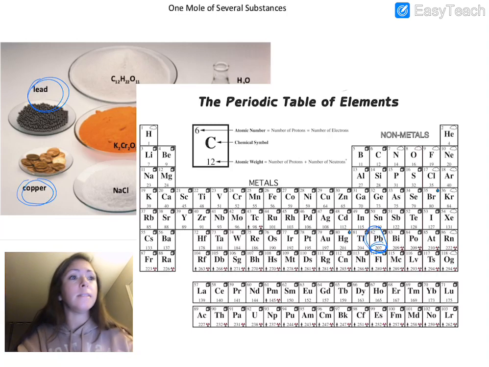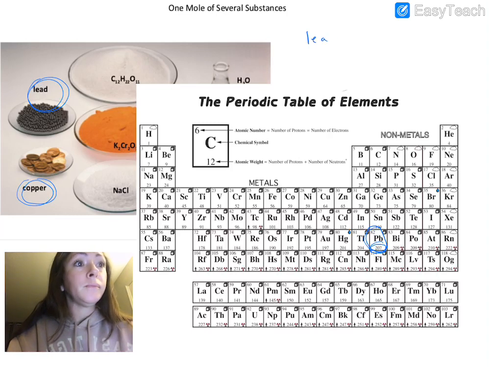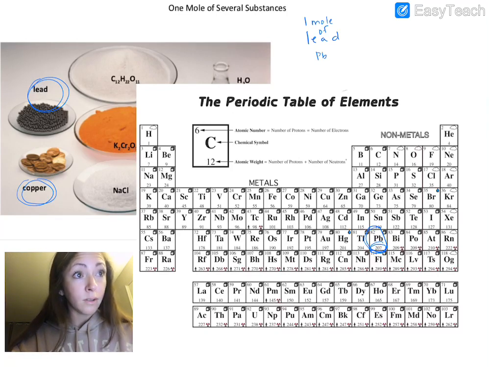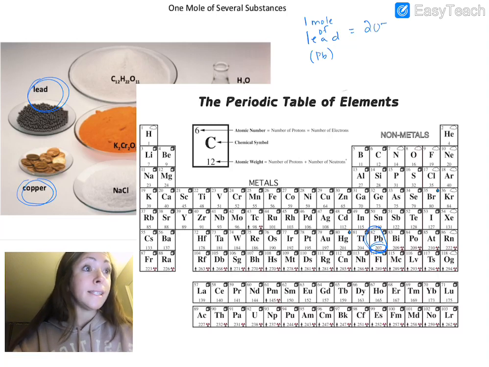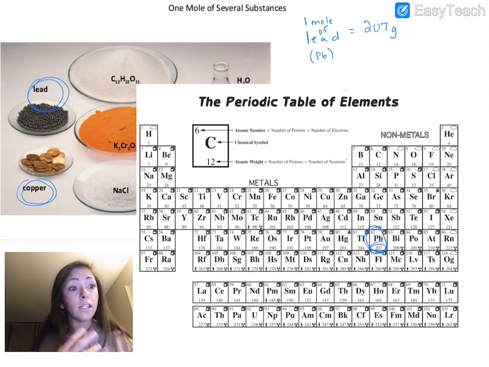So what I'm saying is that 1 mole of lead, which is Pb, is equal to 207 grams, okay? So that's because basically if 1 atom of lead has a mass of 207 atomic mass units in its nucleus, it weighs 207 grams in realistic day-to-day life.